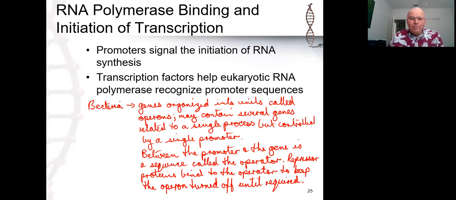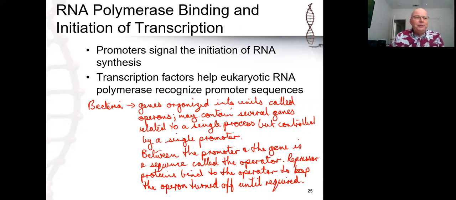But there are other operons that only become active in the absence of a molecule. So in the case of amino acids, for instance, the first example of an operon that's involved in this is what is known as the trp operon that produces tryptophan. The enzymes there actually make the amino acid tryptophan.